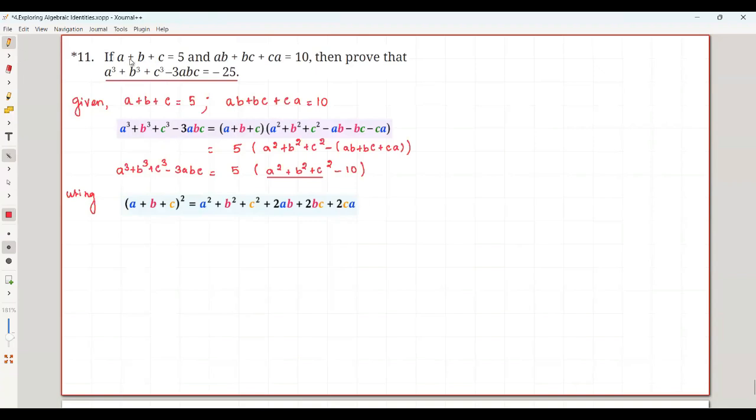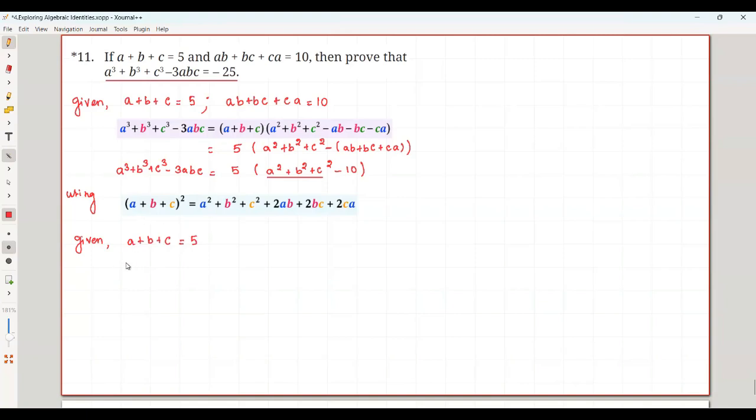What is given? From the given, a plus b plus c is equal to 5 is given.